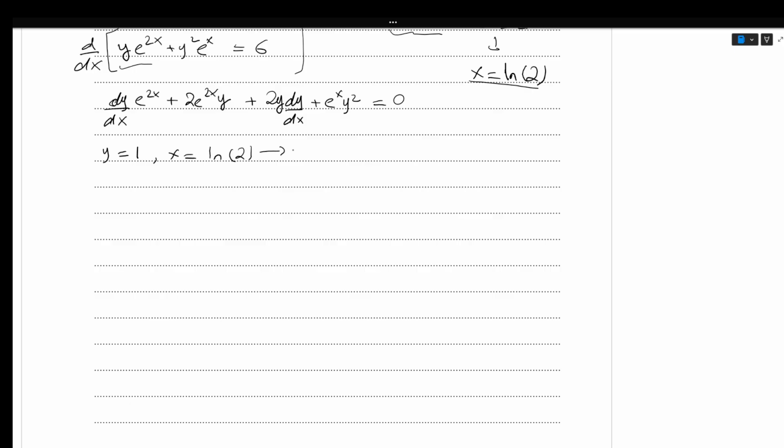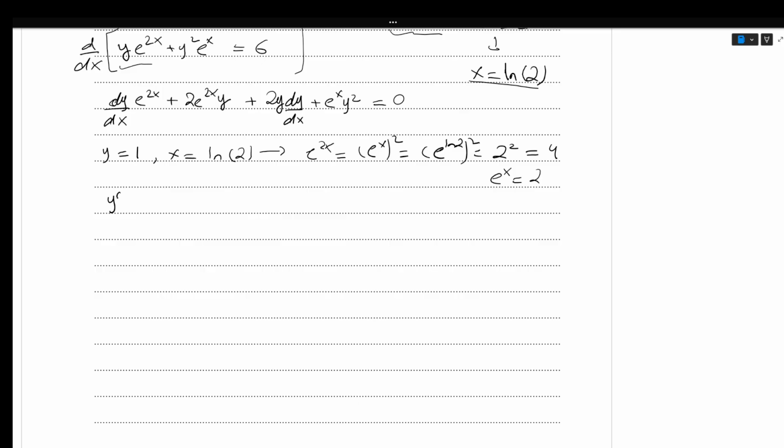If x is ln 2, then e to the 2x is e to the x square, which is e to the ln 2 square, which is 2 square, 4, and e to the x is 2.